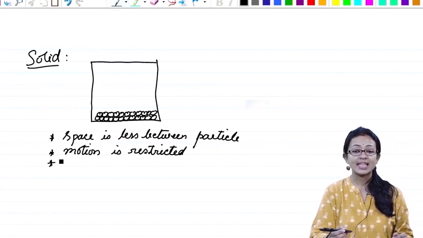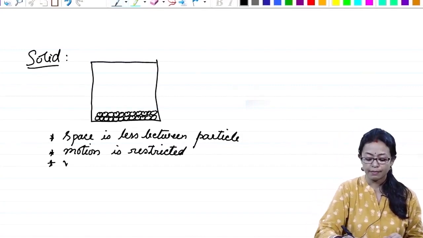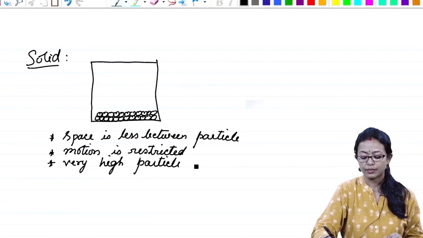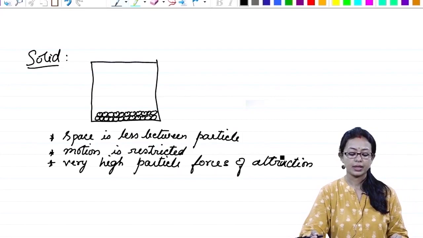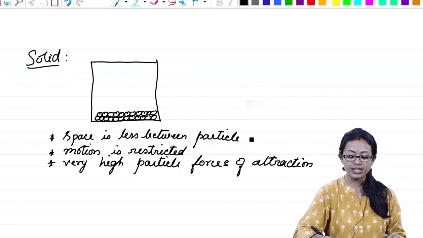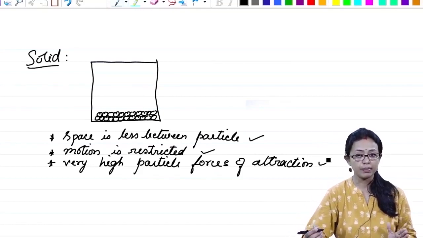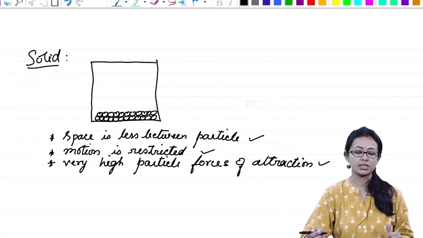The third is that their interparticle forces of attraction are the strongest, very high. So the forces of attraction between the particles are very, very high. And because of these reasons, the solid gets its definite shape, it gets definite volume, and it also gets definite mass.